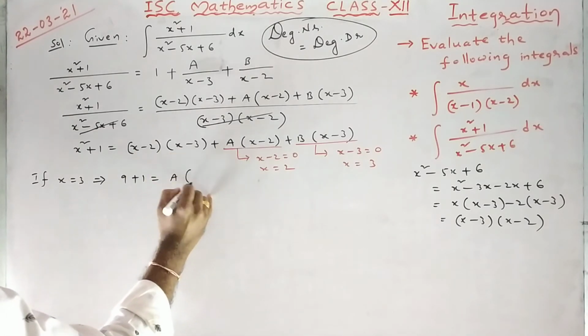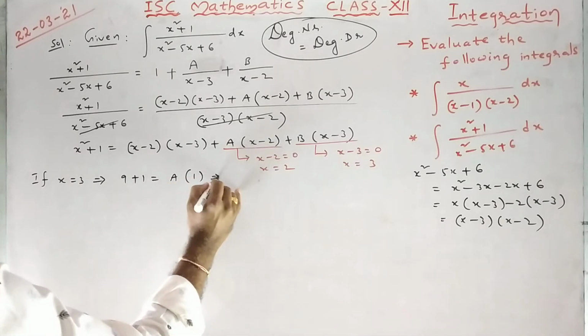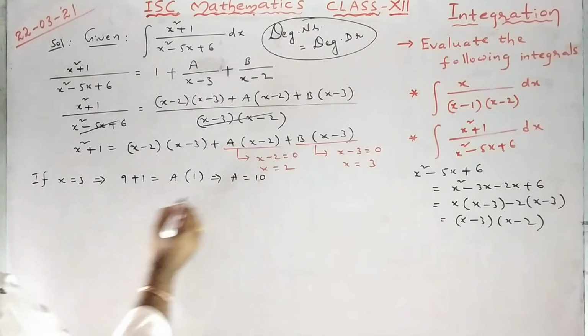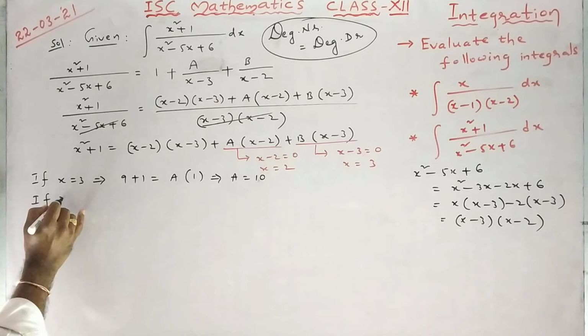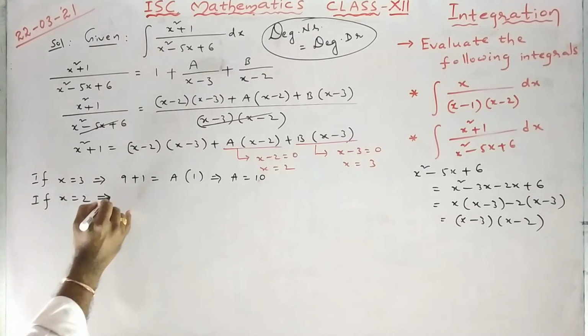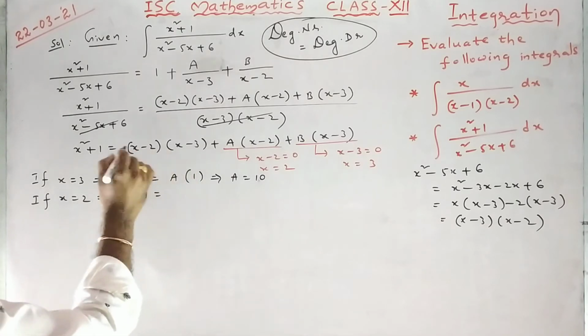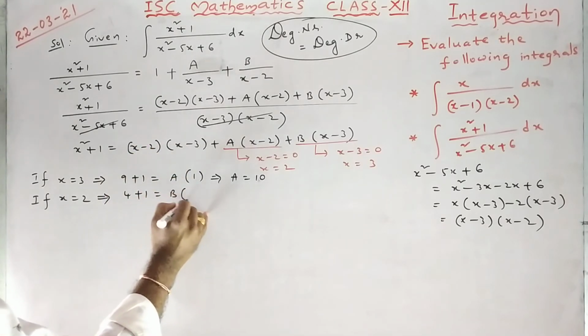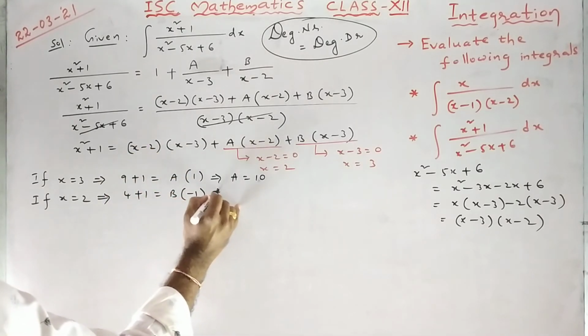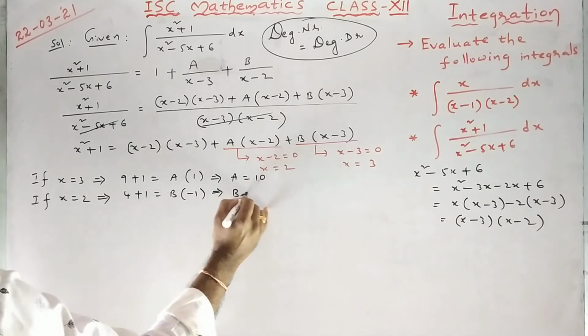So a times (3 minus 2), 1. So a value will be 10. If x equal to 2, then 2 square, 4 plus 1 equal to, again this will be 0, b times (2 minus 3), minus 1. So b equal to minus 5.